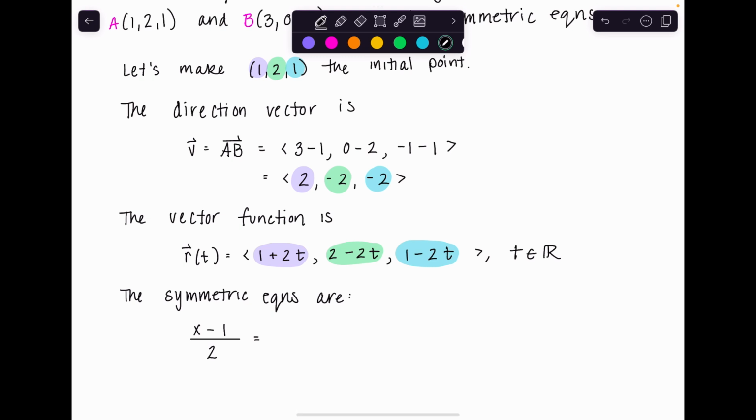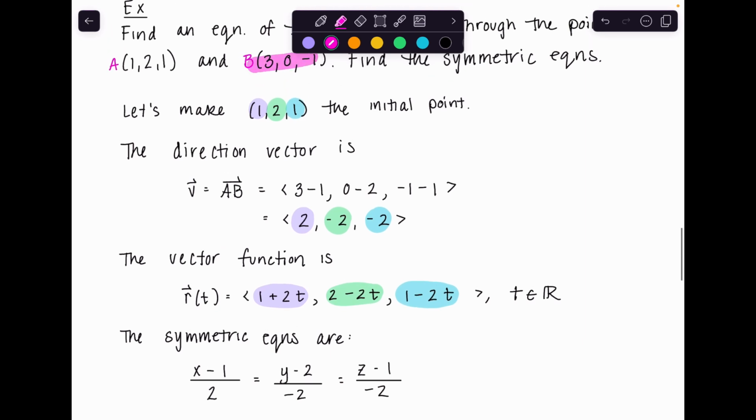For our y symmetric equation, the initial point for y is 2, and the slope is negative 2. And for z, the initial point is 1, and the slope is negative 2. So these are the symmetric equations. Again, if you use this point as the initial one instead of 1, 2, 1, you'd end up with something very similar because your direction vector would just have been the opposite, and it'll all work out. The same x, y, and z values that satisfy this would also satisfy the other equation.